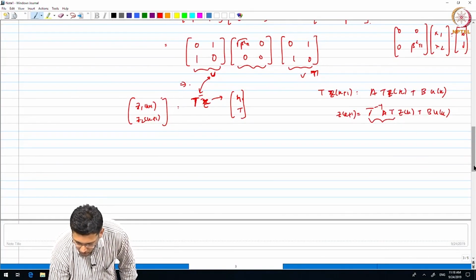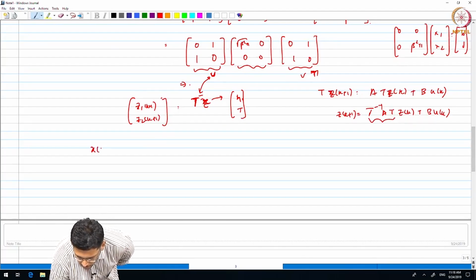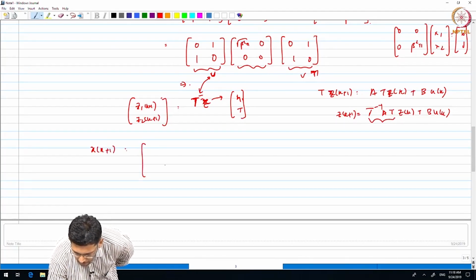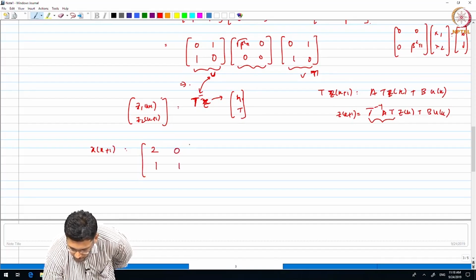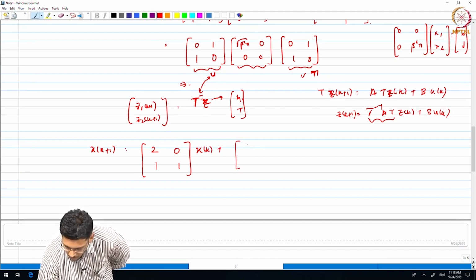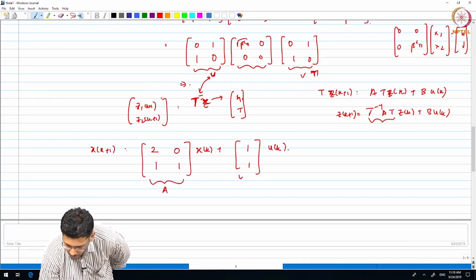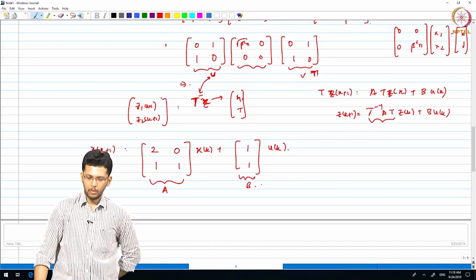So we look into another example, which is x of k plus 1 equals A times x of k plus B u of k. So this will be your A matrix and this will be your B matrix.